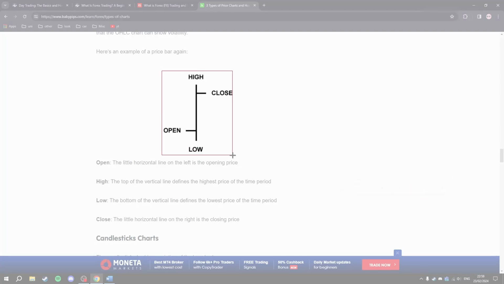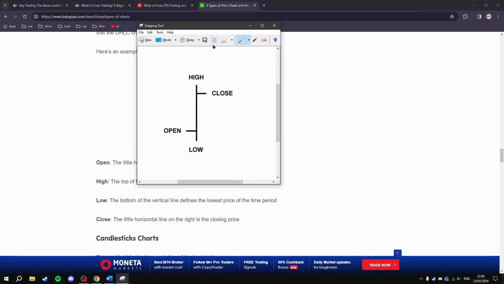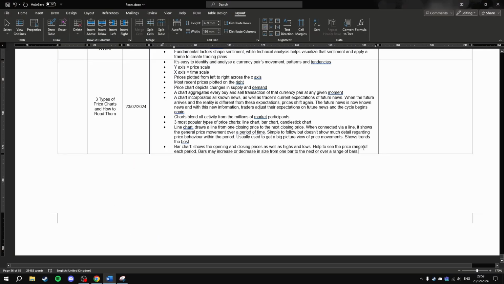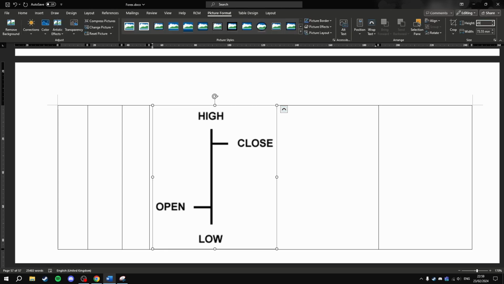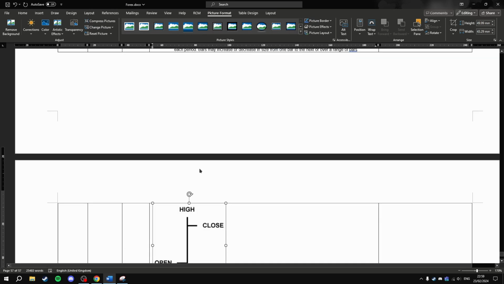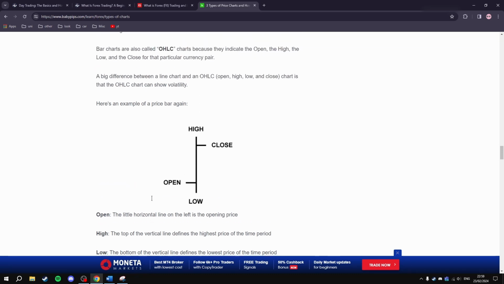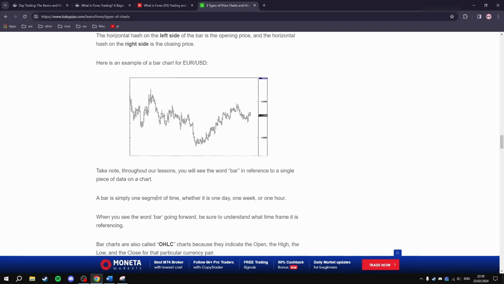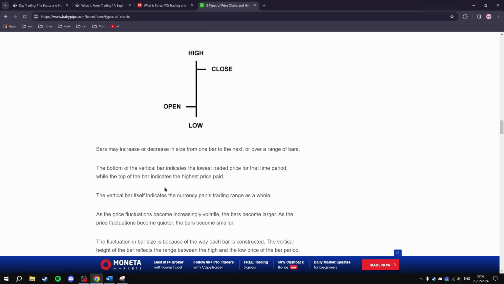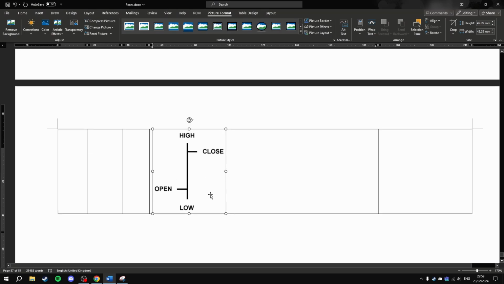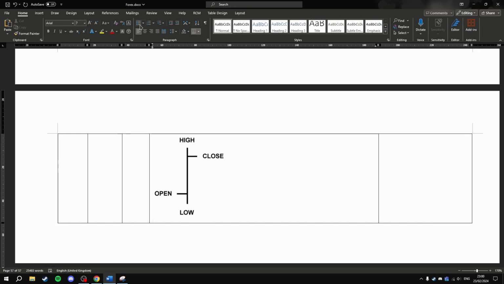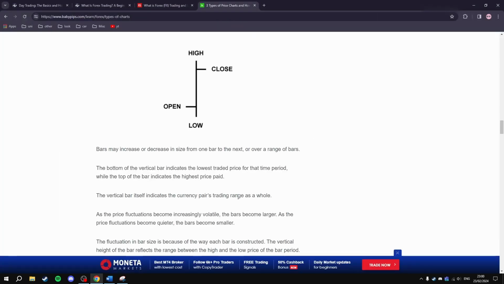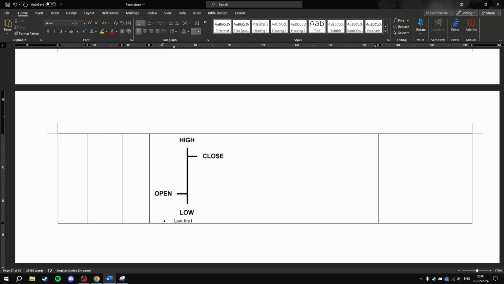So let's do that. Bottom of the vertical bar: low.